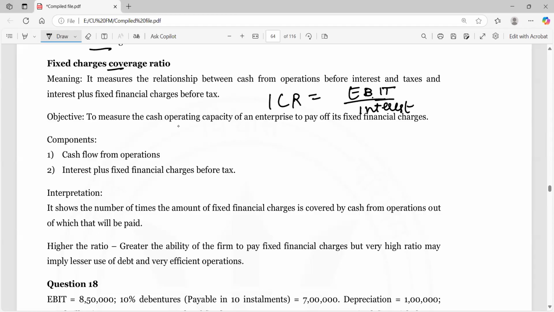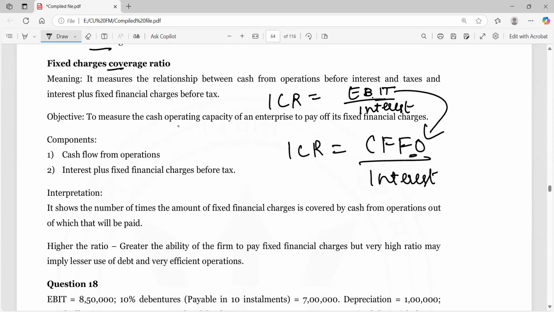So instead of using profit, we are going to use cash flow from operating activities divided by interest. Cash flow cannot be manipulated. Cash flow is objective, profit is subjective. So instead of using EBIT, we use cash flow. That is the only difference in the fixed charges coverage ratio, right?